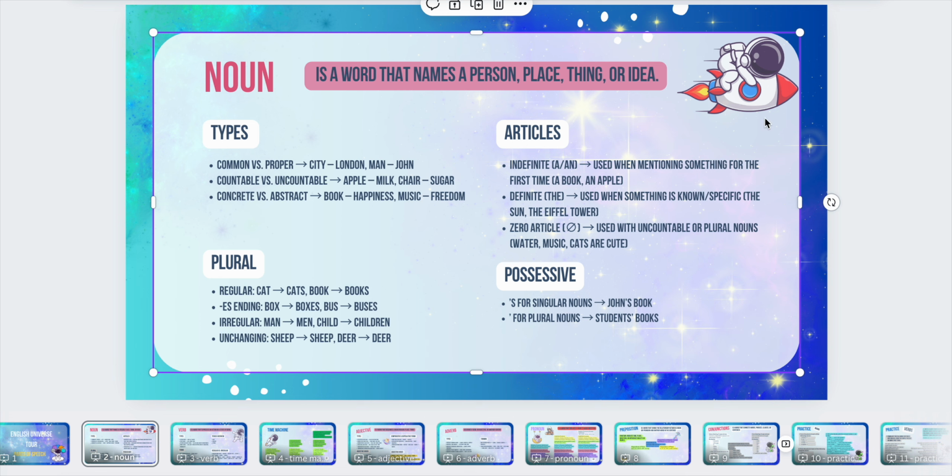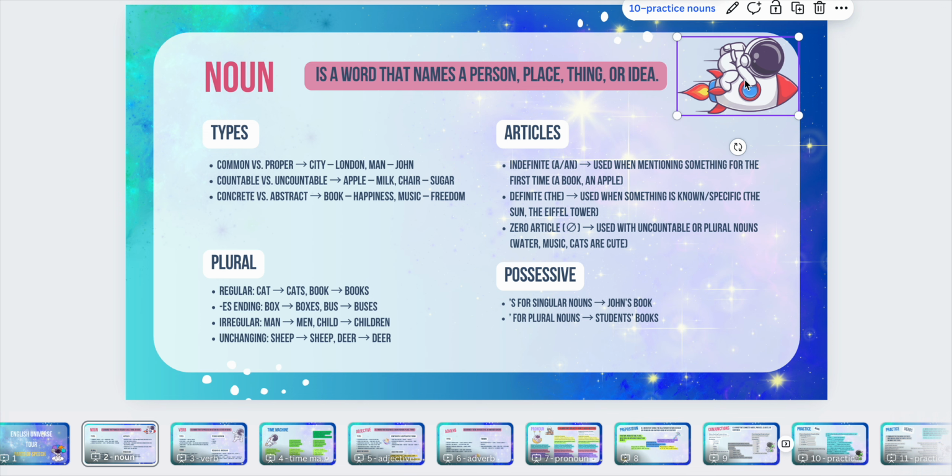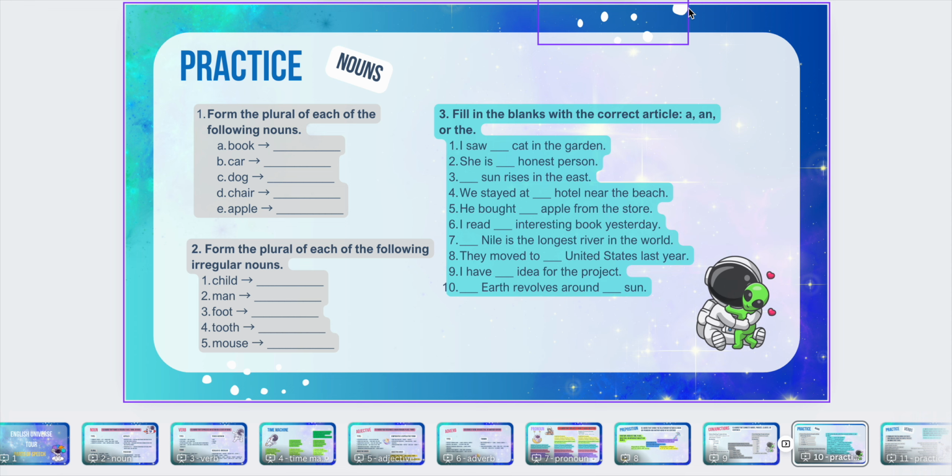And look, here I have a link. I invented it. I like to add something interesting, because it can sometimes be quite boring. So here are some practices. You can do it at home when you have time.